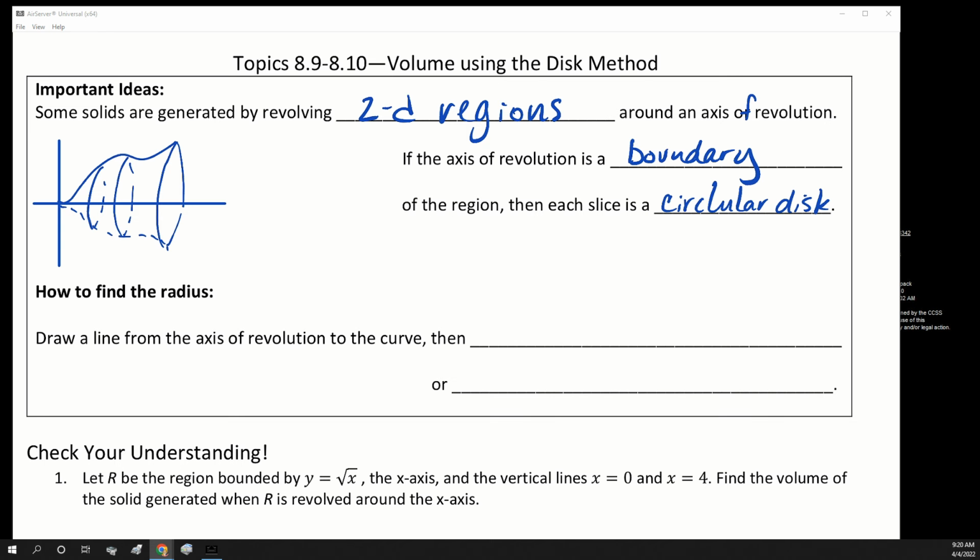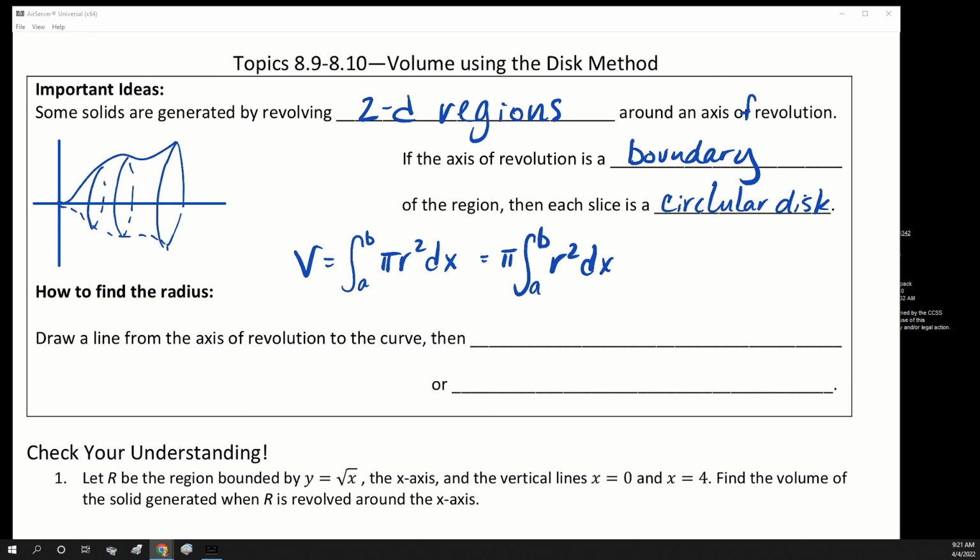And if we wanted to find the volume, it's going to be the integral from a to b of pi r squared dx. Now, because pi is a constant, we're going to pull it out in front of the integral.